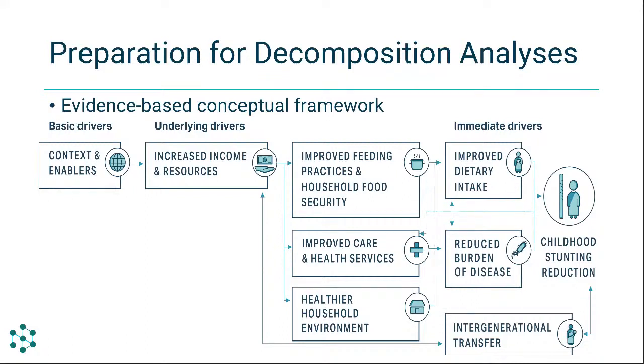And importantly, the intergenerational transfer of malnutrition piece, where we were able to identify proxies or variables for that, we've included those as well. So this is the general framework that was used across exemplar studies.